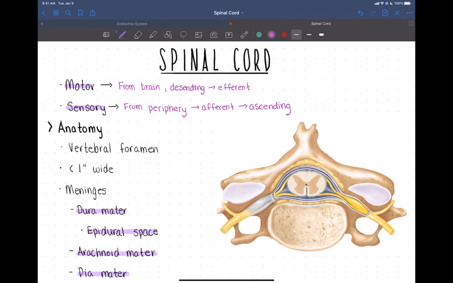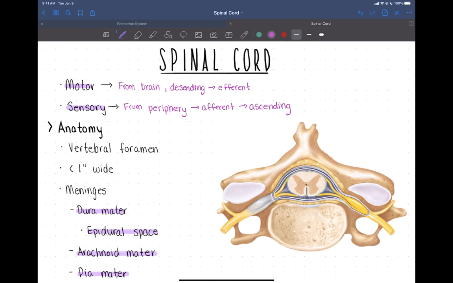So just an overview of the anatomy of the spinal cord first. The spinal cord itself is about 18 inches long. It extends from the foramen magnum, in the bottom of the skull, all the way down to about lumbar vertebra number 1.